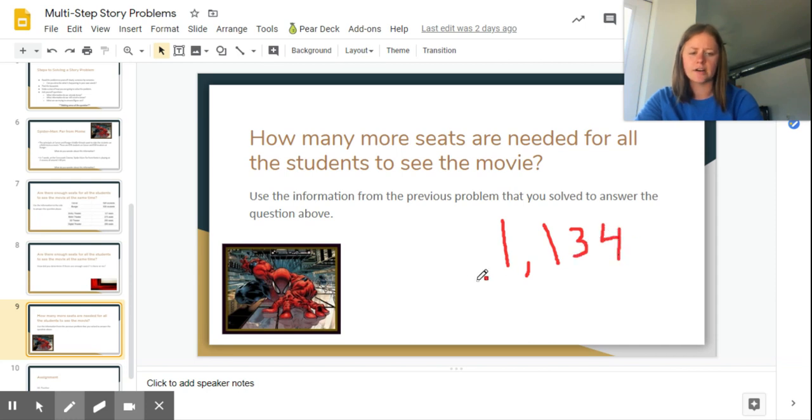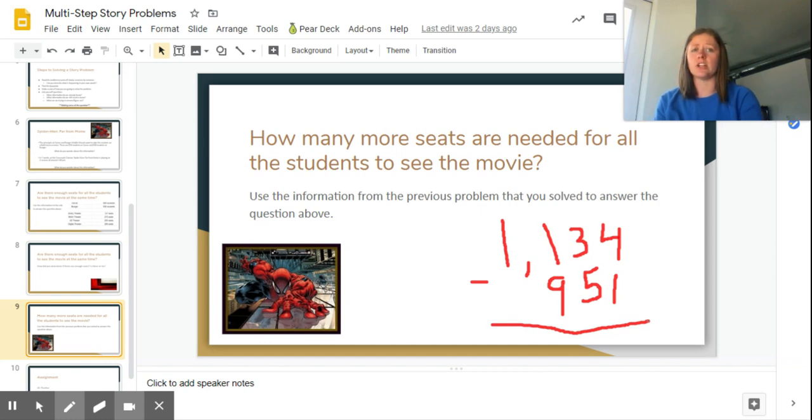That's how many students there were. And how many seats were there? Well, there were 951. So you're going to subtract the number of seats from the number of students. This answer will tell us how many more seats we still need, or the number of students left over that don't have a seat for this movie.